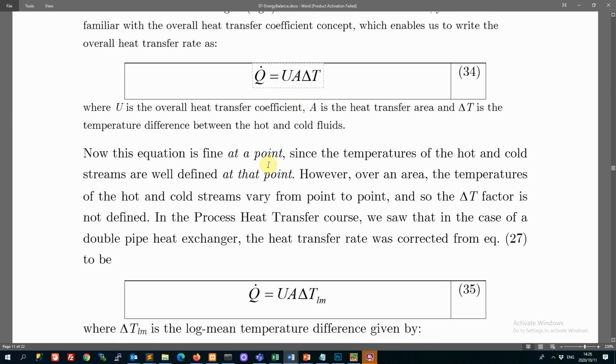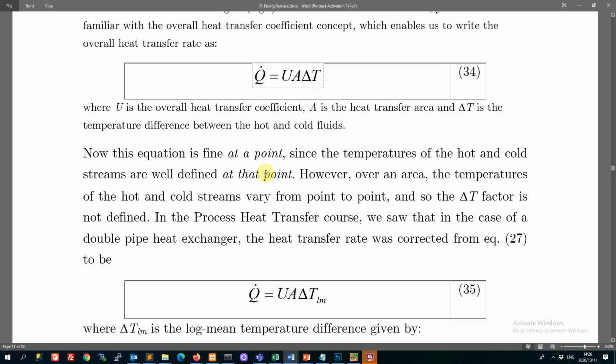Now, the other point made here is just a reminder from heat transfer that we can write this kind of difference at a specific point. So at some point in space and at some instant in time, there exists some temperature difference, and that leads to a certain heat transfer rate.